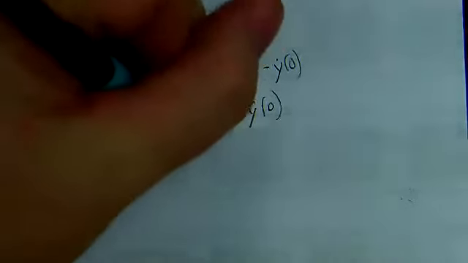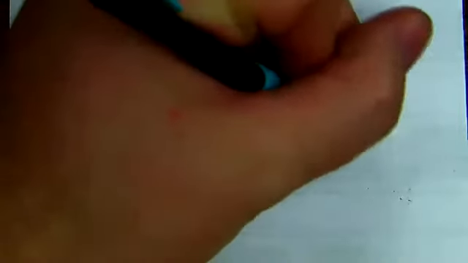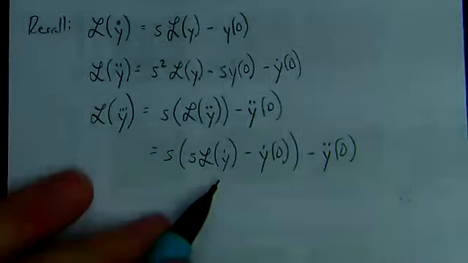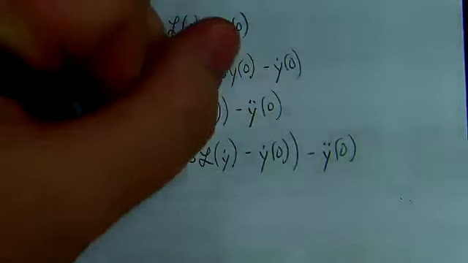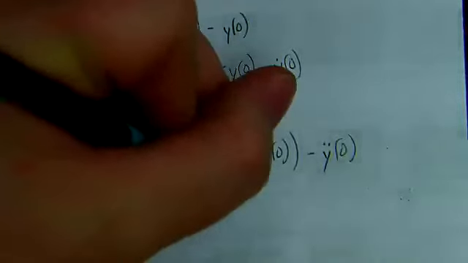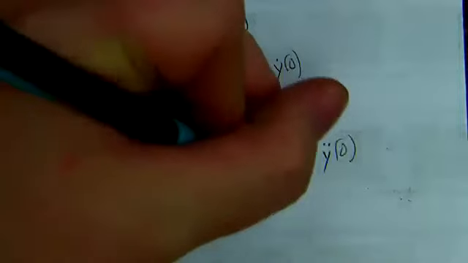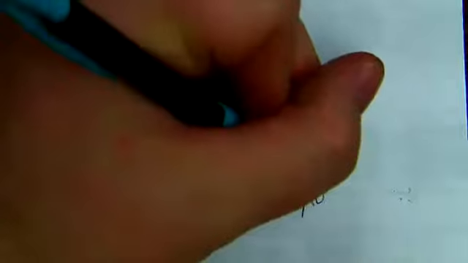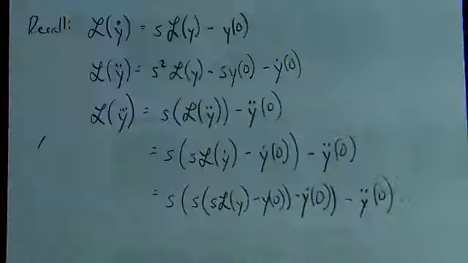This becomes s times s Laplace of y dot minus y dot at 0 minus y double dot at 0. One more Laplace of y dot to do. We get s times s Laplace of y minus y of 0 minus y dot of 0 minus y double dot at 0.